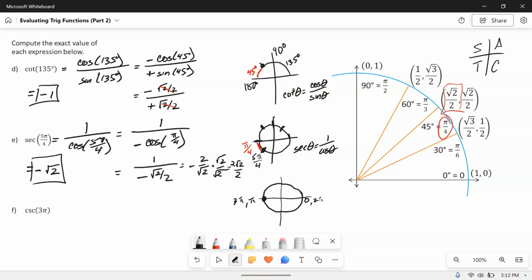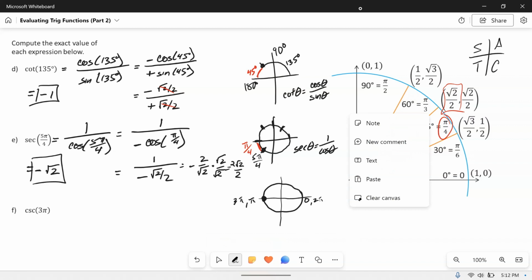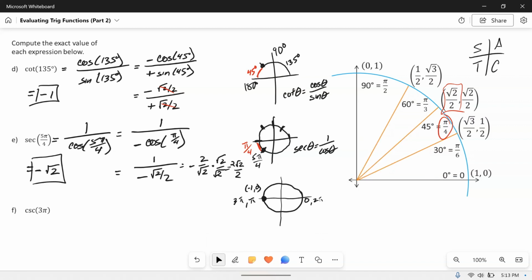We're just adding halves of the circle each time. So 3 pi is actually a point on the negative x-axis, which means it's a quadrantal angle. And I don't actually have that point listed on my graph here for the first quadrant, although it would basically be the same thing as our 0 degree angle, which is the coordinate 1, 0. But since it's on the negative side, it would be negative 1, 0.